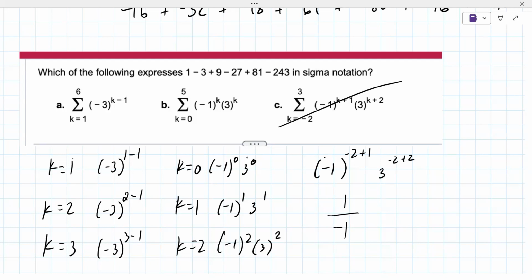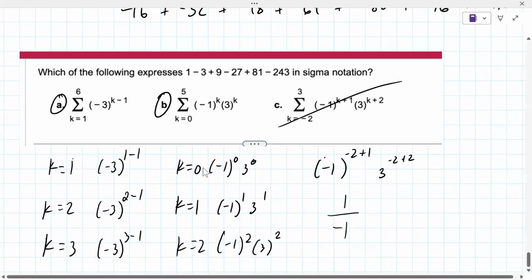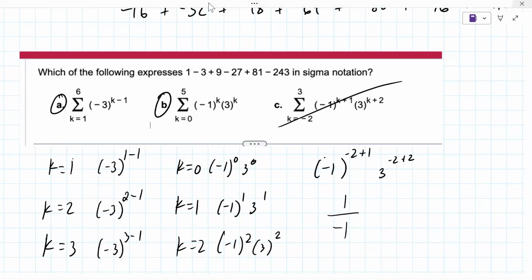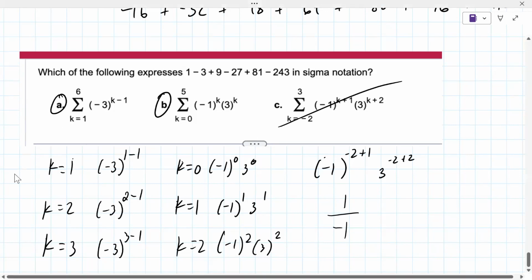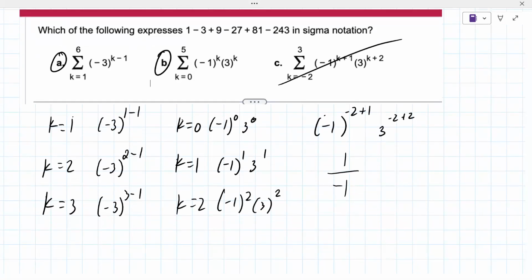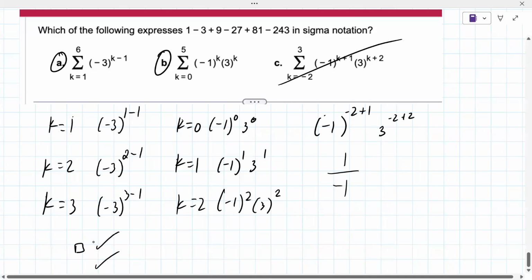So I'm convinced that it's A and B. If you're not, you would have to keep going. From my experience, you should go a few, but you don't need to go all the way. But that's up to you. You have to decide that. So I think you check A and you check B and you're good. Yep.